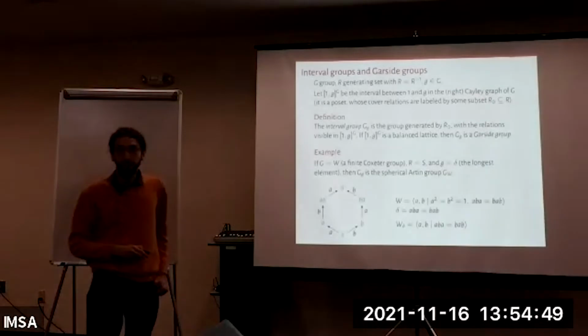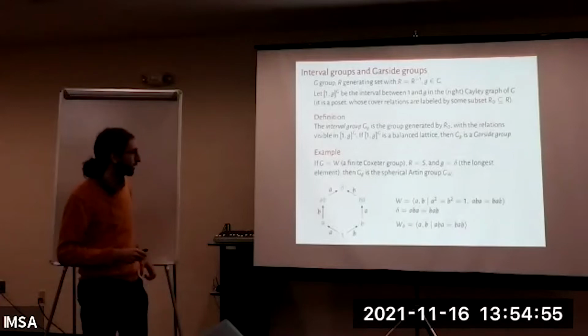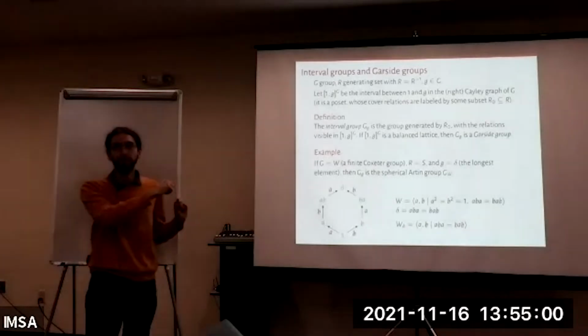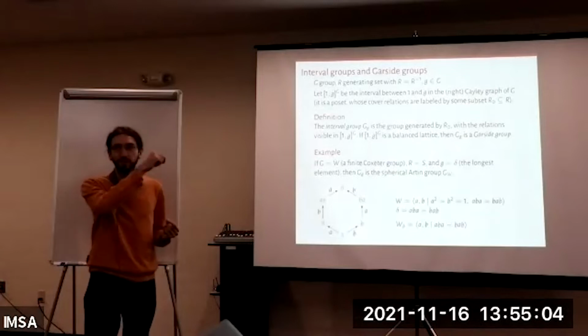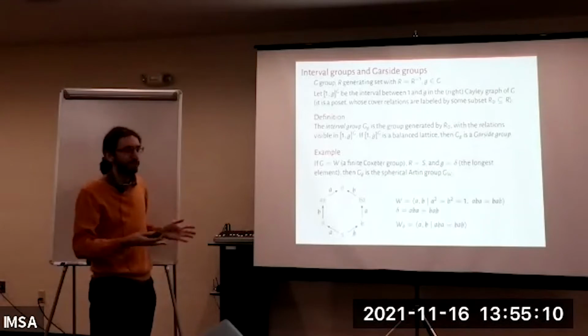There are 2 generators, A and B, and there is one relation ABA equals BAB, which comes from setting equal 2 different paths from one point to another point in the Cayley graph. Okay. And so, this is just a construction.